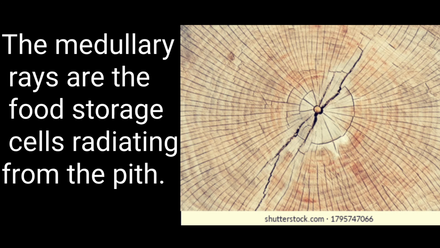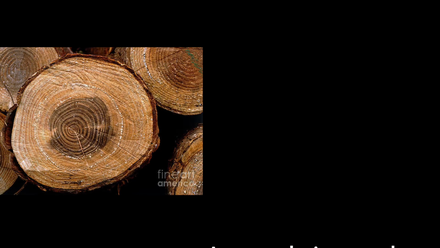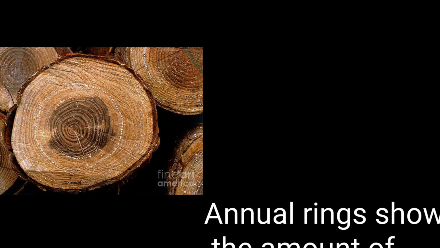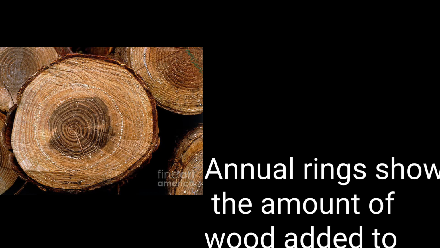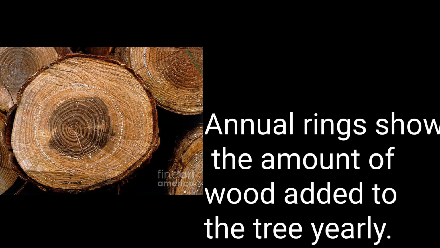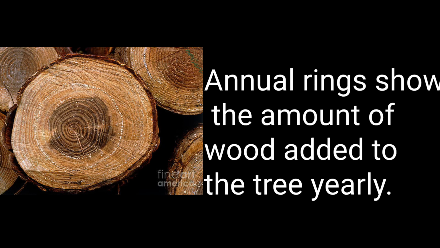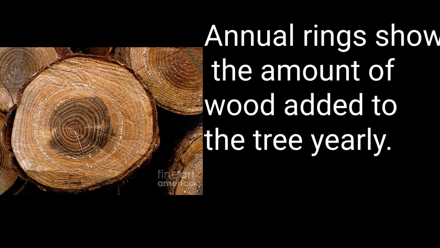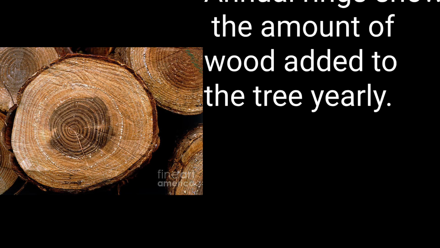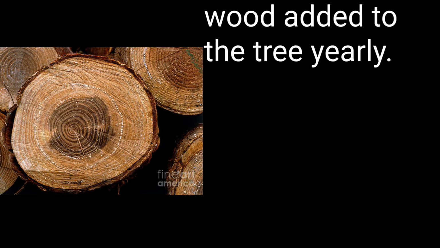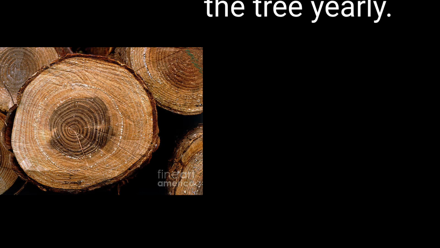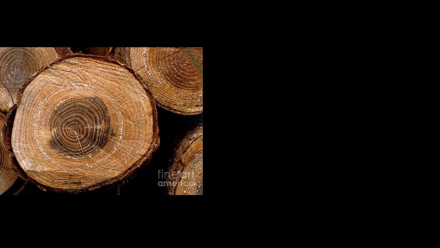It provides a decorative feature that can be found in quarter-sawn timber. 8. Annual rings. These are also known as growth rings. They are formed each year and they show the amount of wood added to the tree yearly. They may be seen in both the sapwood and the heartwood.